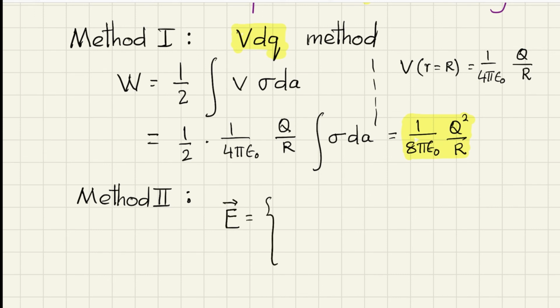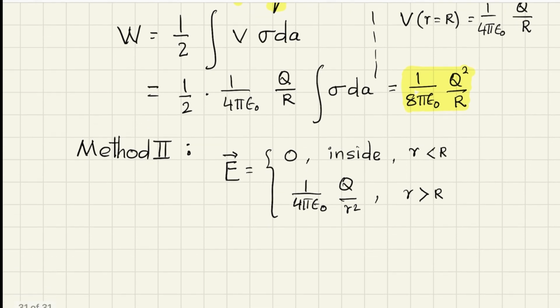For that, I should know the field everywhere. It is of course 0 inside. And outside is as if all the charge is centered at the origin, so this is Q by r square for r greater than R, and 0 for r less than R.